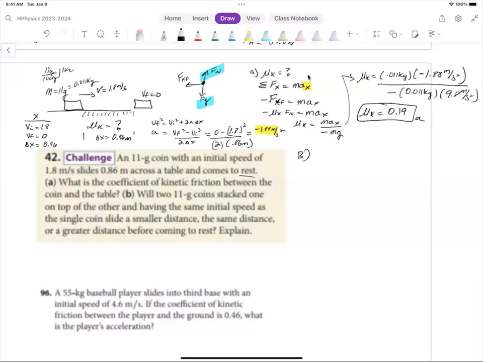B, what happens if we double the mass by having 2 coins? So let's draw it. I have exactly the same force diagram, except this time the force of kinetic friction is equal to 2 times mg.